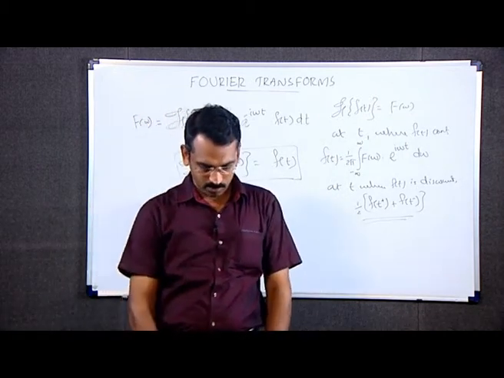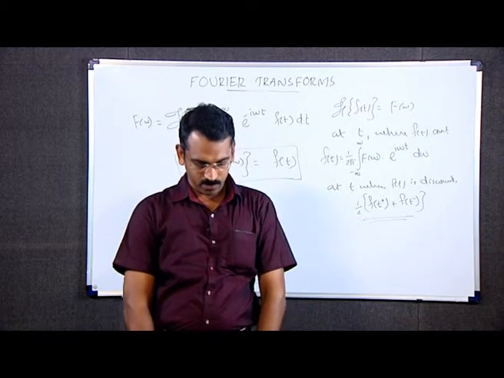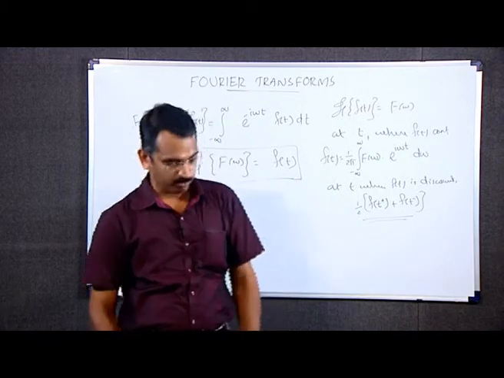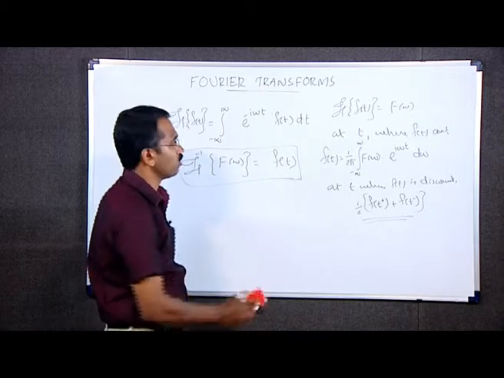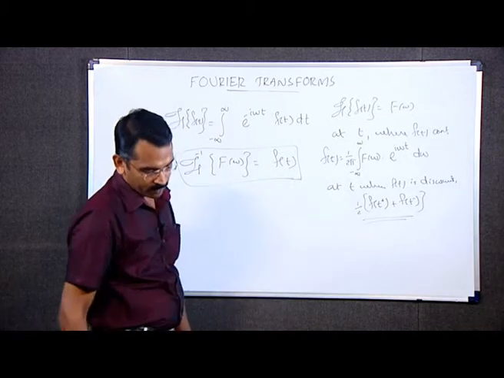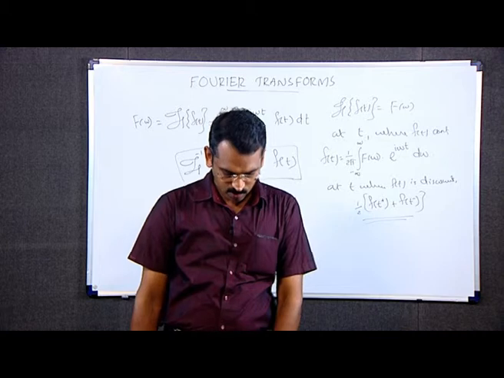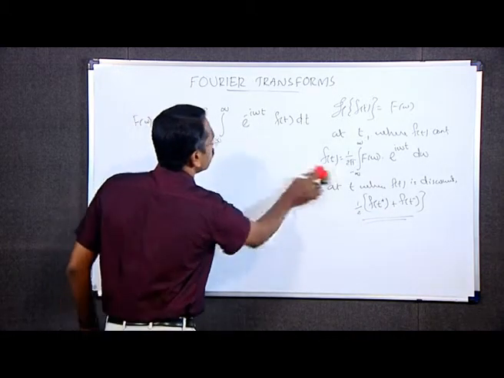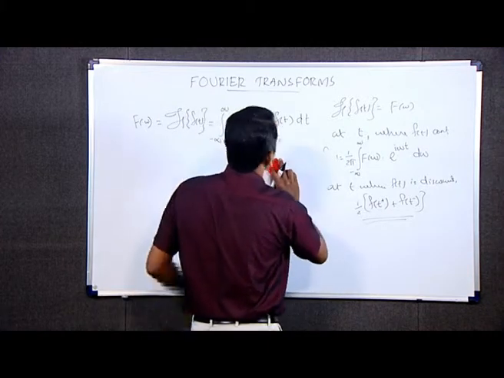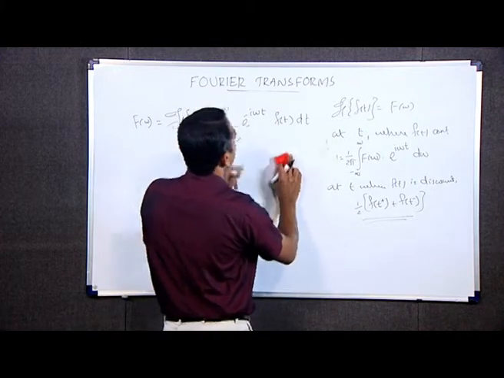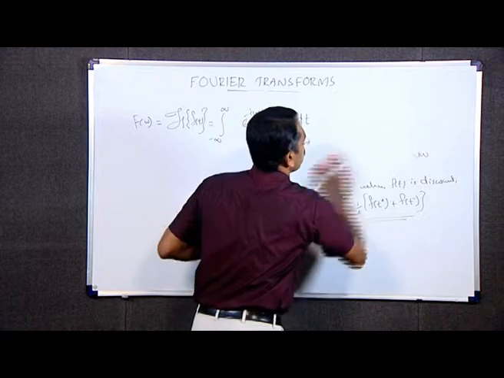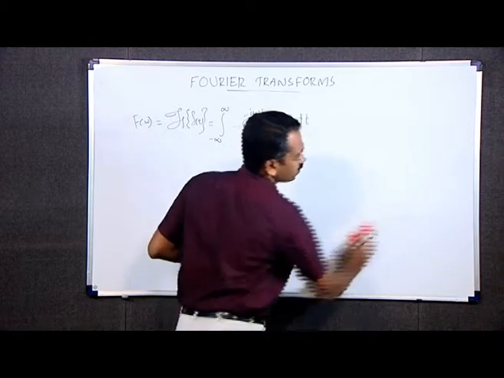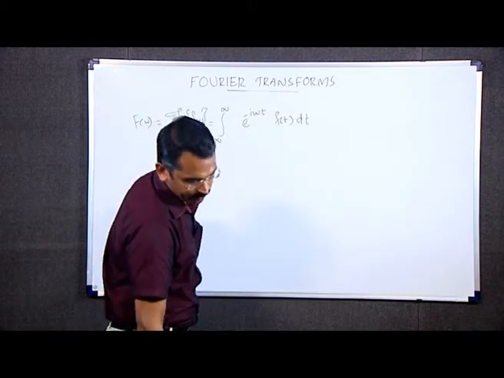Now, we have to consider the Fourier transform of even and odd functions. We have the Fourier transform of f of t is equal to integral from minus infinity to infinity e raised to minus i omega t into f of t dt.